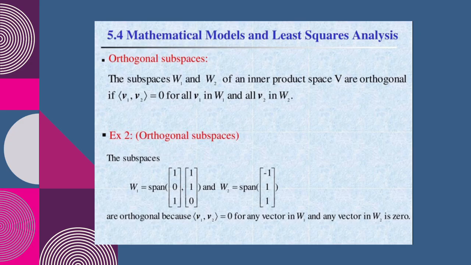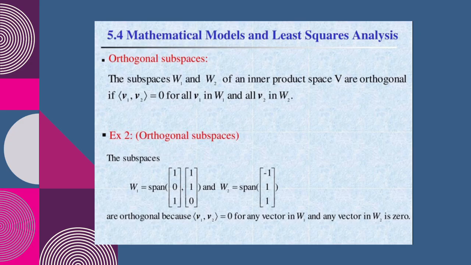Now let's move to a bigger topic, least squares analysis, which helps us find the best possible answer even when an exact answer does not exist. First, we need to understand orthogonal subspaces. Two subspaces W1 and W2 of an inner product space V are called orthogonal if the inner product of any vector from W1 and any vector from W2 is always 0.